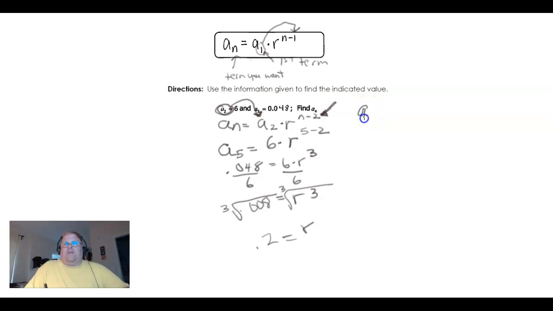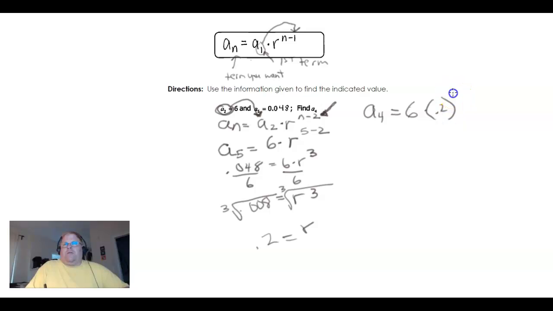So A4 is equal to now A2, because we're using this formula up here. Or 6 times r to the, remember that we're looking for 4, so this is 4, sorry, we have r. r is 0.2.